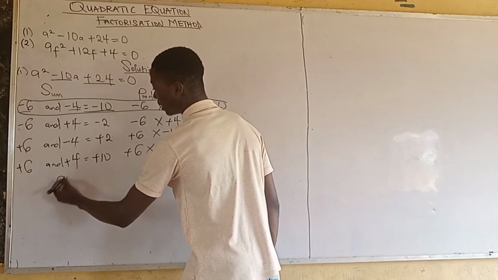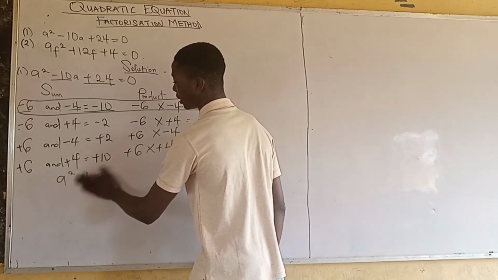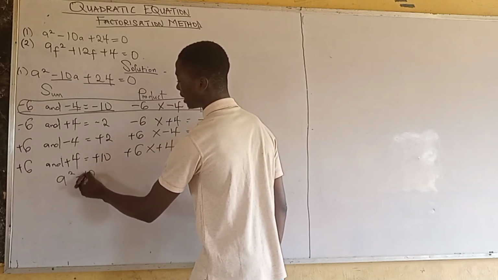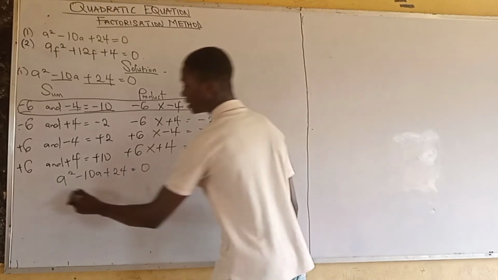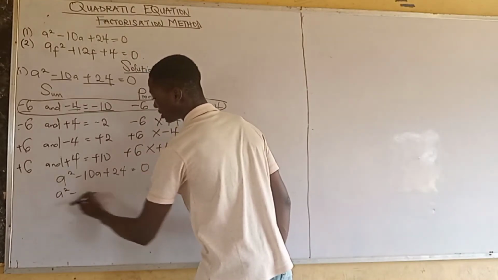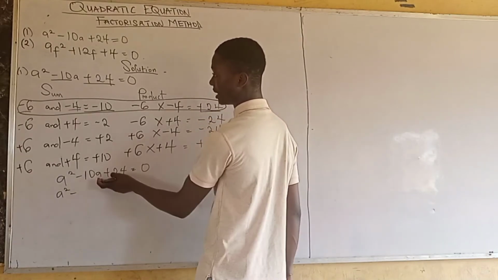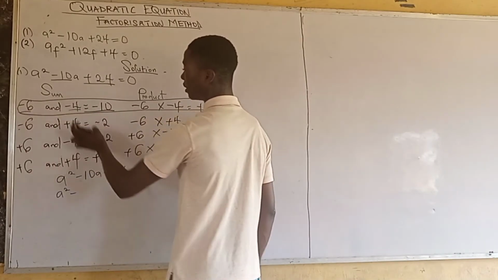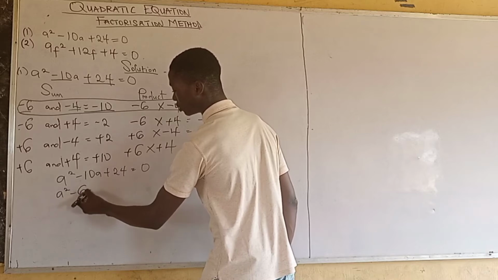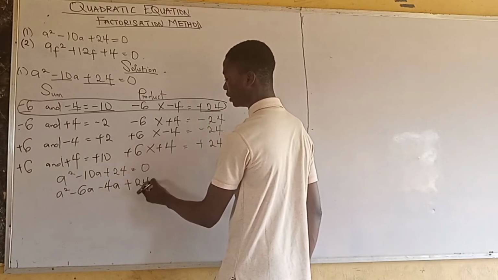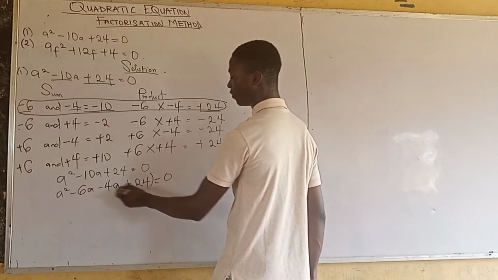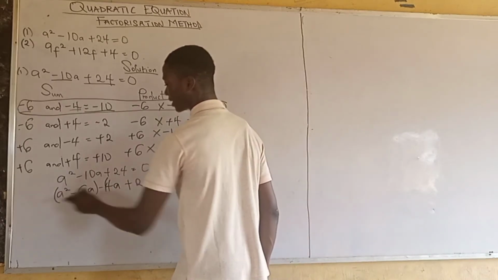So now we have a squared minus 10a plus 24 equal to 0. Instead of writing the minus 10a, we put in these factors, which gives minus 6a minus 4a plus 24 equal to 0. Now put these into brackets.